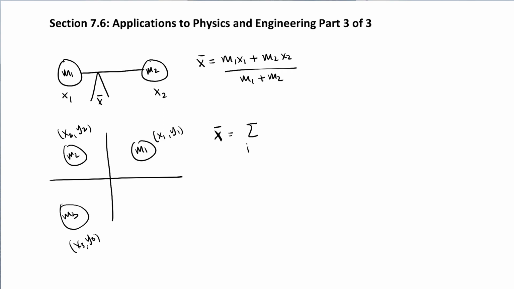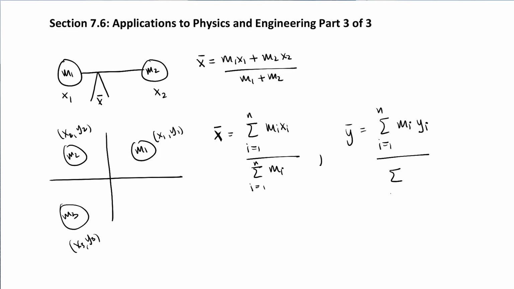So it's the sum from i equals 1 to n of mi xi over the sum from i equals 1 to n of mi, and then the y coordinate is the sum from i equals 1 to n of mi yi over the sum of the masses.